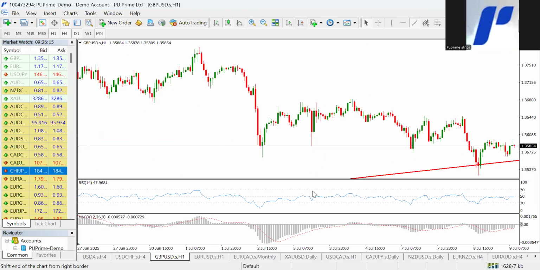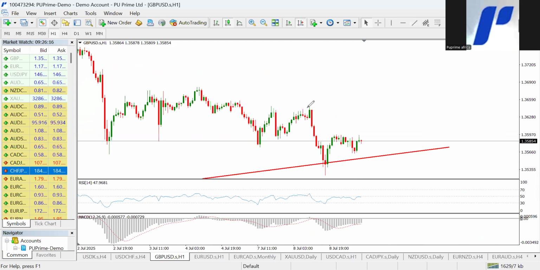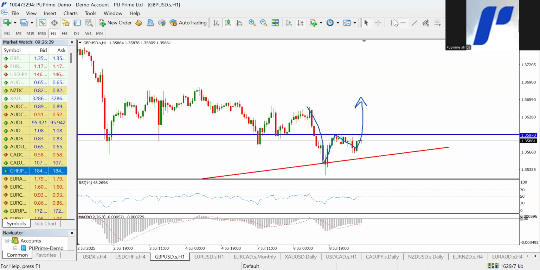On the 1 hour, this is forming a kind of double bottom pattern, which will trigger price upwards. This will be the neckline region. Whenever price breaks out above this neckline region, we are anticipating a breakout of price upwards, and price may target the next resistance level.